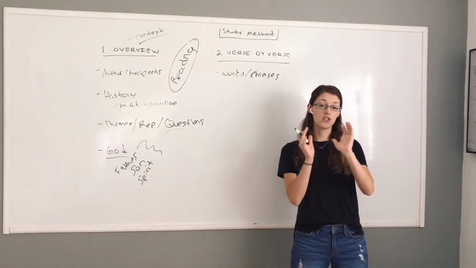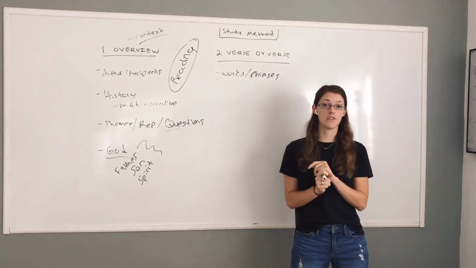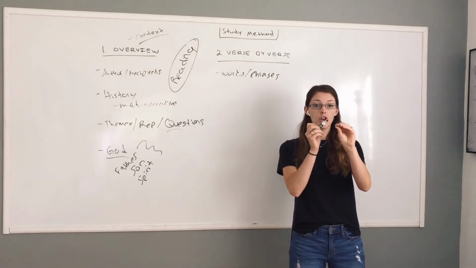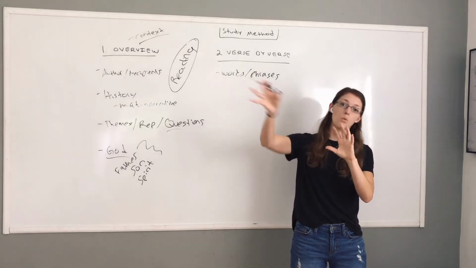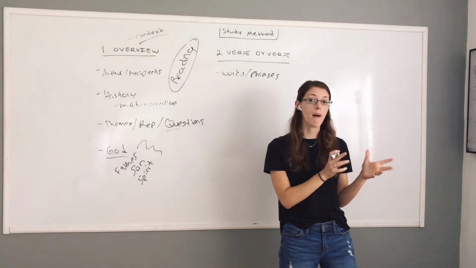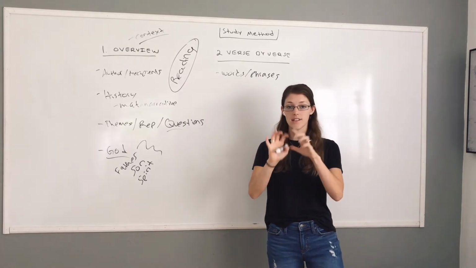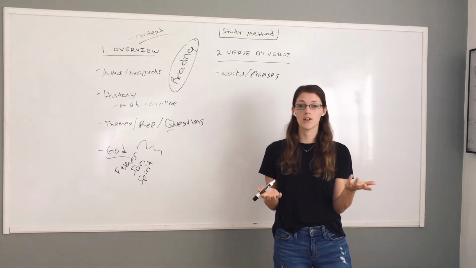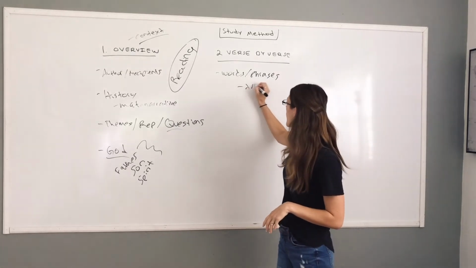If a section begins with a transitional word like therefore, we want to know what the therefore is referring to. So what's happening in the preceding verses that we need to remember or know in order to understand correctly what this particular section is talking about. So transitional words are really important. So I'll write that down.